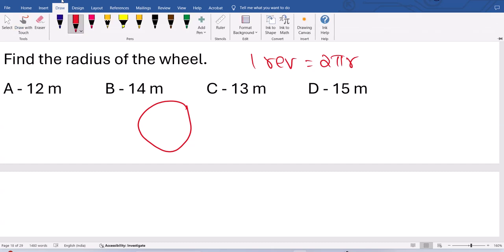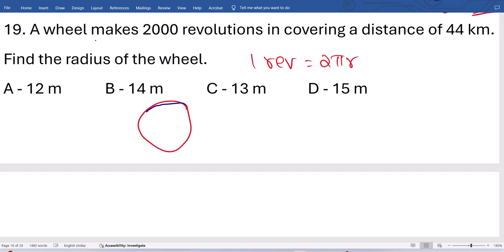This is again indirectly circumference. This wheel is in circle shape. One revolution means one full round, and one full round is 2 pi r. How many such revolutions happen? 2000 revolutions happen, so 2000 into 2 pi r is generating 44 kilometers, meaning 44,000 meters.